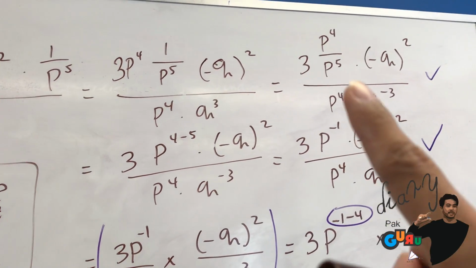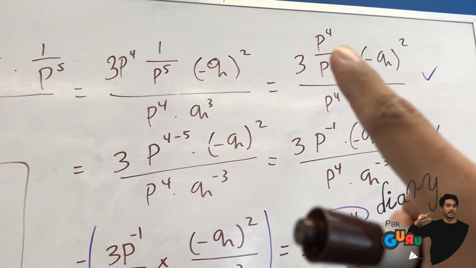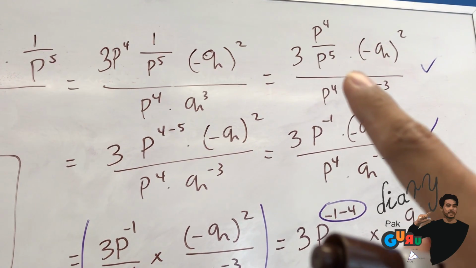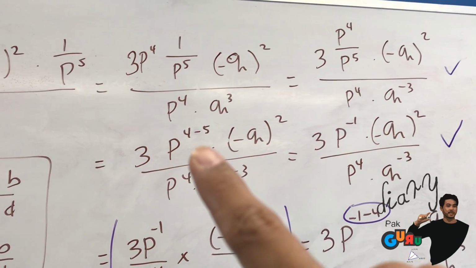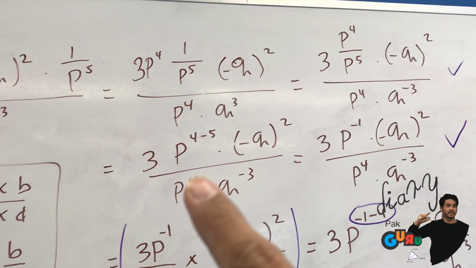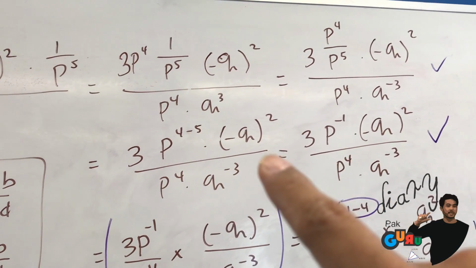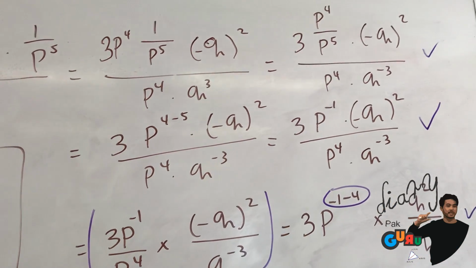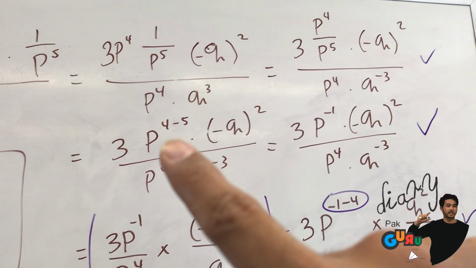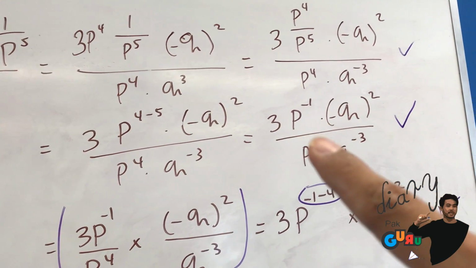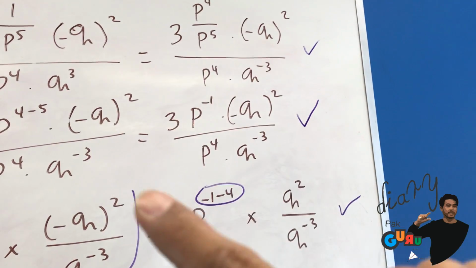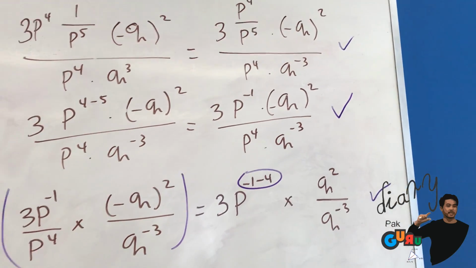Remember that x to the power of m over x to the power of n equals x to the power of m minus n. So we have 3p to the power of 4 minus 5 times the same thing. And then 4 minus 5 equals negative 1 here, so we get this equation.